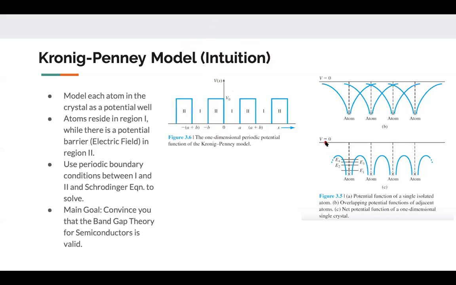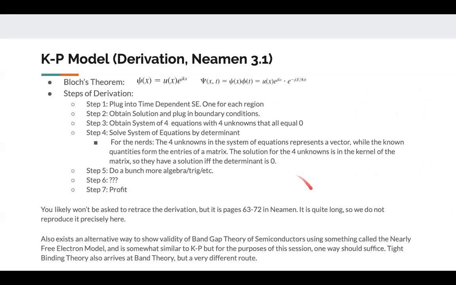You can probably get a more precise description of this elsewhere, but I think an infinite potential well also works for this derivation. We're not going to go through the full derivation, just some basic steps. It's in Neamen 3.1.